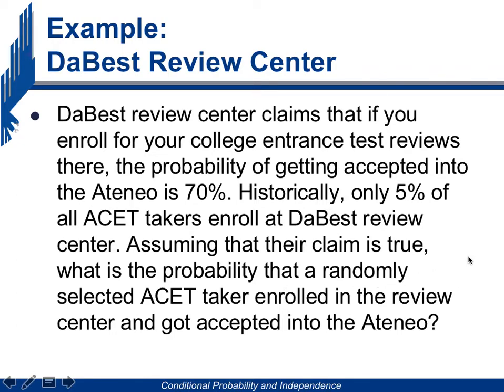So among all the possible sets of outcomes in the sample space, we will focus only on two events. First is the event where the randomly selected ASSET taker got accepted into the Ateneo, and another event wherein the randomly selected student enrolled at the Best Review Center.